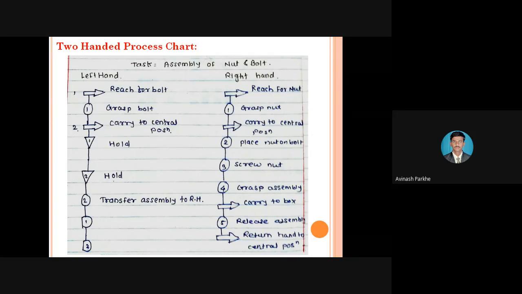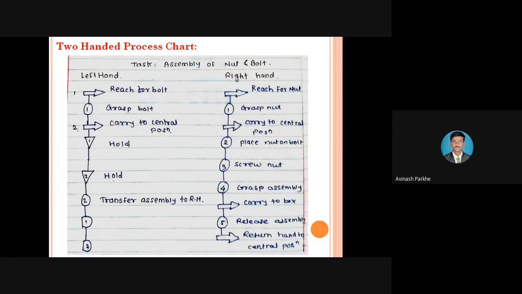As we know, there are some tasks in which we have to use the left hand and also the right hand. The task performed by the left hand is presented in one chart, and during the same operation, the task performed by the right hand is also presented using a particular chart.